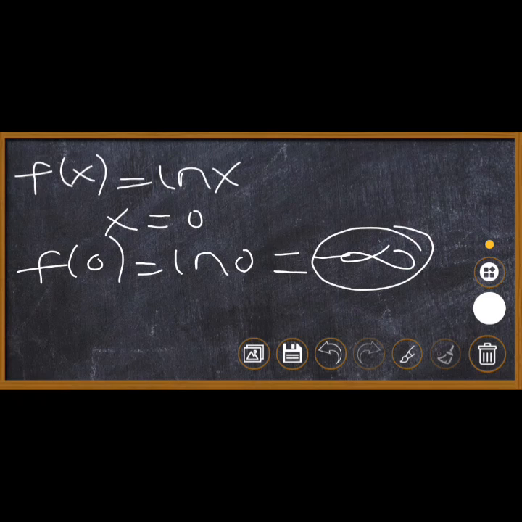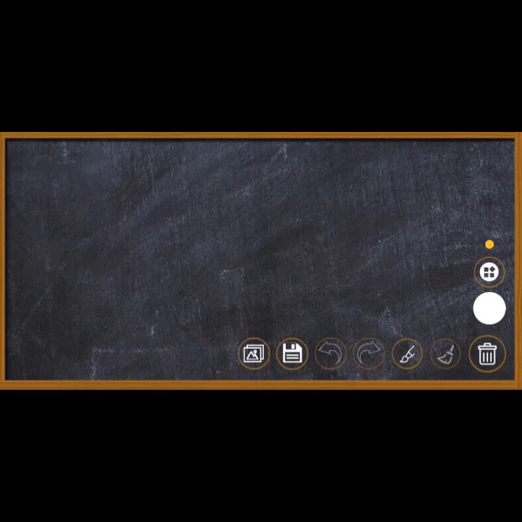So after you have been given the function, it's very wise that at first you replace where there is x with 0. Whatever variable is present, it's not always x, you replace it and it gives you a specific value. Then you can proceed to replace where there are values of the derivatives with 0. But if you find that it's giving you infinity or negative infinity, then you just have to stop right there.